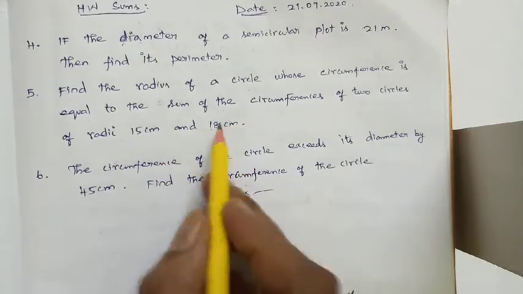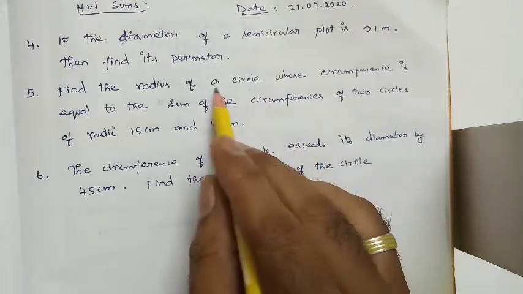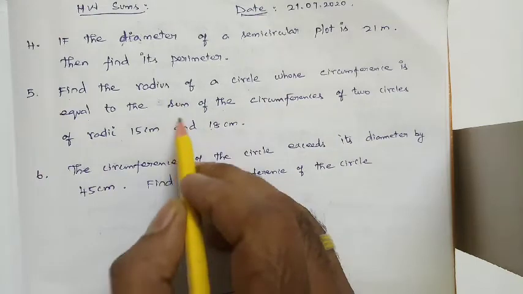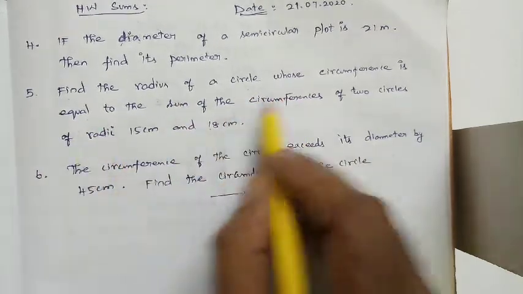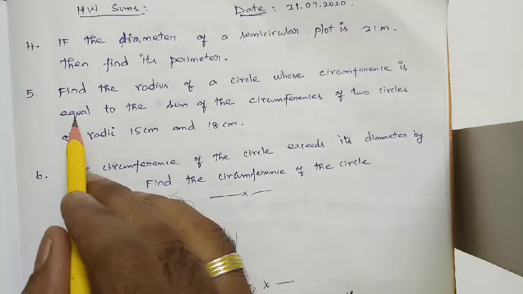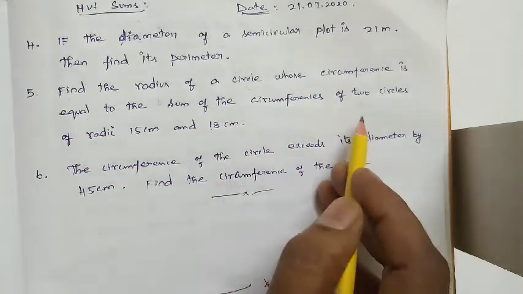They are giving the condition that the circumference of the circle is equal to the sum of the circumferences of the other two circles.